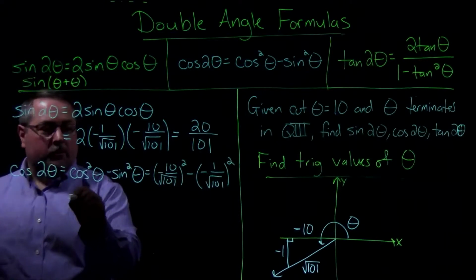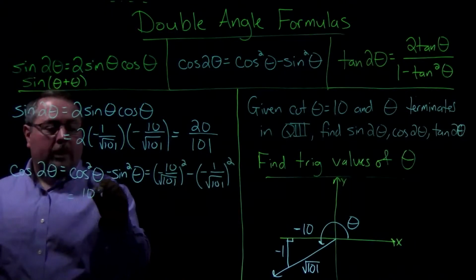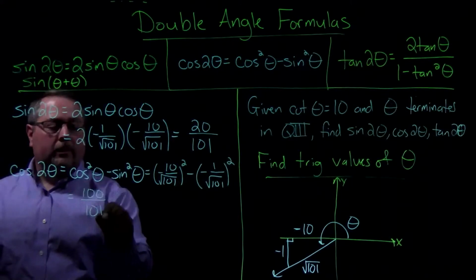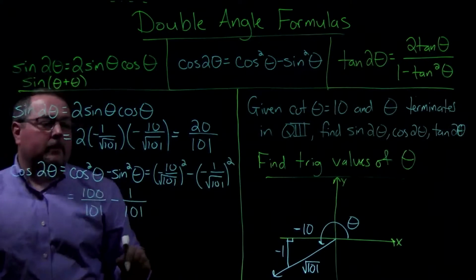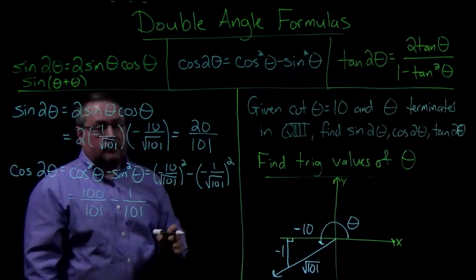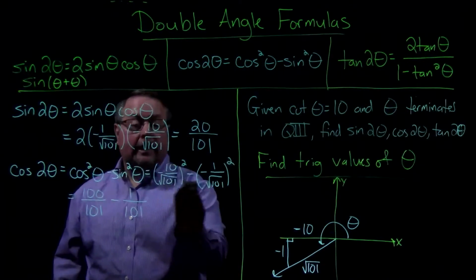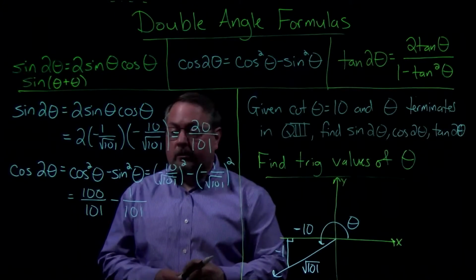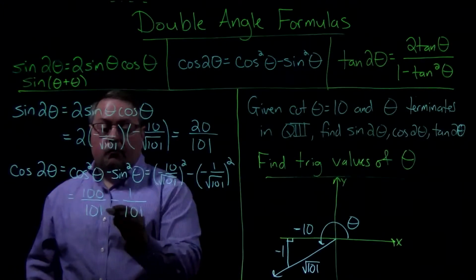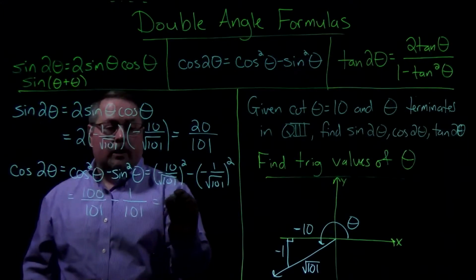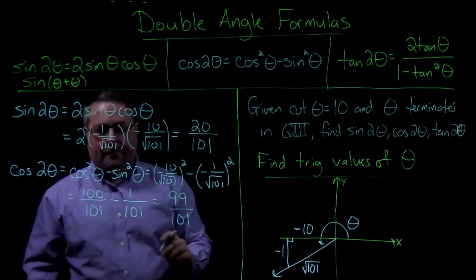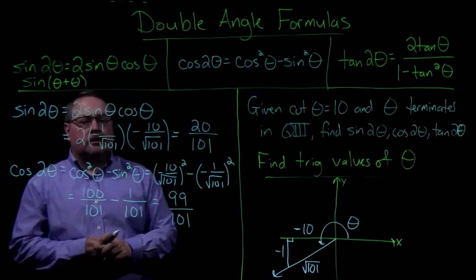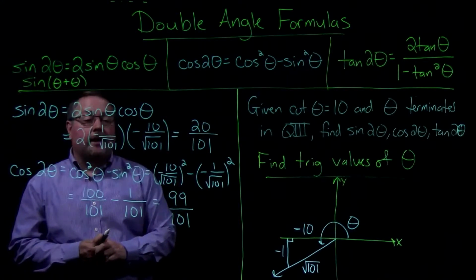So that's going to be equal to 100 over 101 minus 1 over 101. Okay, so -10 squared is 100, -1 squared is 1, and the square root of 101 squared is 101. So we'll have 100 over 101 minus 1 over 101 is 99 over 101. So there is the cosine of 2 theta.